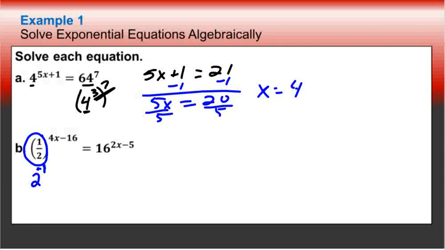So 2 to the negative 1 is half, and then all of this is going to be raised to the 4x minus 16. And over here, I can rewrite 16 as 2 to the fourth power, and then I raise that to the 2x minus 5.